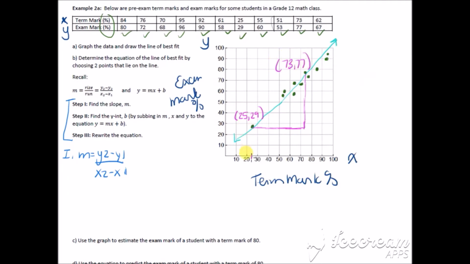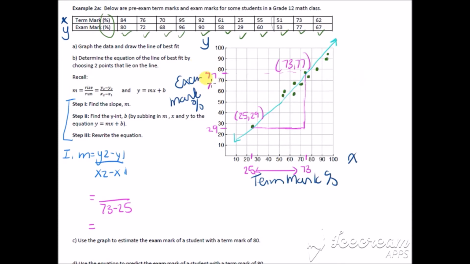So this is 25, and this number is 73. What we're trying to do is find the difference between those numbers. So the difference in the x is 73 minus 25. And then the difference in the y's: this one is 29, and this y here is 77.